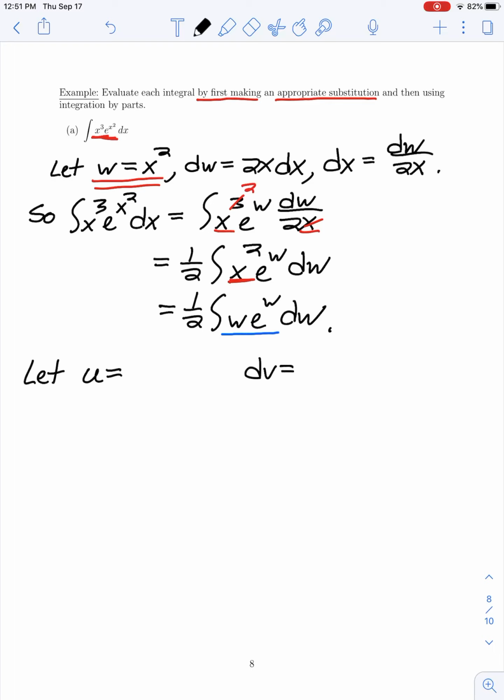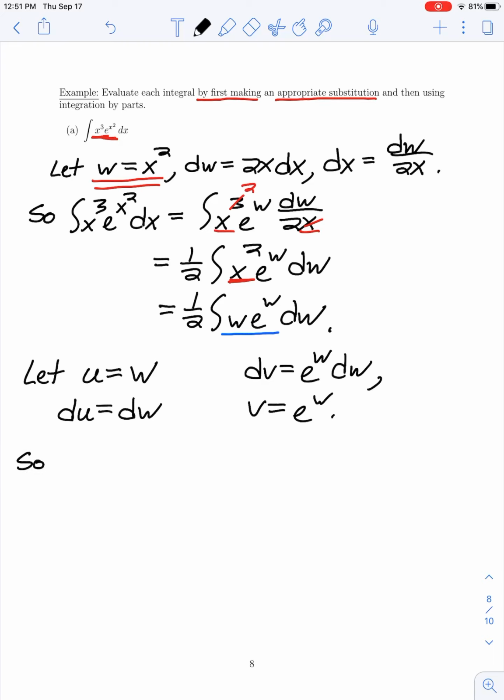So here, I'm going to choose u as w, and then dv will be e to the w dw. So du is then 1 dw, and v would be the integral of e to the w, which is itself.